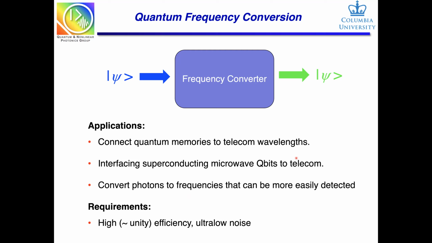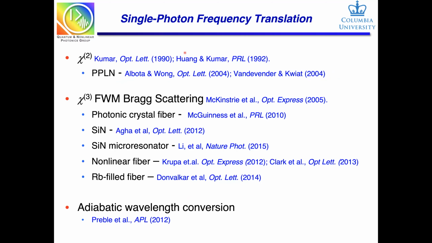But what I want you thinking about today is, if you can build a quantum frequency converter that gets close to 100%, then you can also think in a completely different regime, which is thinking about 50% conversion. When you operate at 50%, you have a unitary transformation, but now one that can generate entangled states. Again, there's a long history in nonlinear photonics of thinking about this single frequency photon translation.